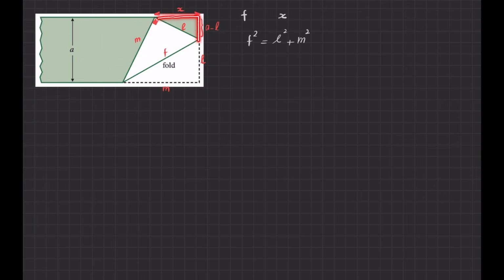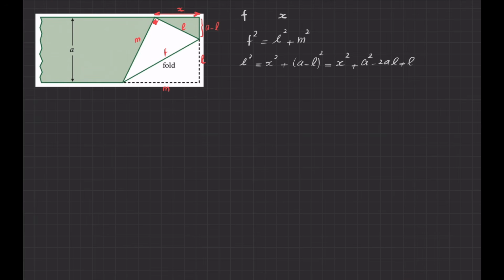Concentrate on this right angle triangle here, and again use the Pythagoras theorem, but this time the hypotenuse is L. So what I can write is that L squared is equal to x squared plus (a minus L) squared. And I expand the right-hand side, so it becomes x squared, the first one squared, 2 times the first one times the second one, and the second one squared.